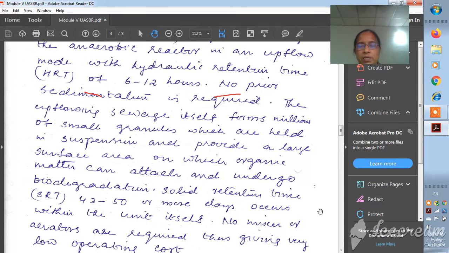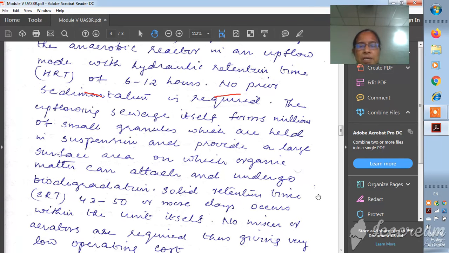So that we have already discussed, when the organic particles are passing through the biomass itself, they are undergoing decomposition, and in that case the organic particles themselves provide a space for the microorganisms to attach there and undergo decomposition. Okay, so now again it is written there, suspension and large surface area organic material.